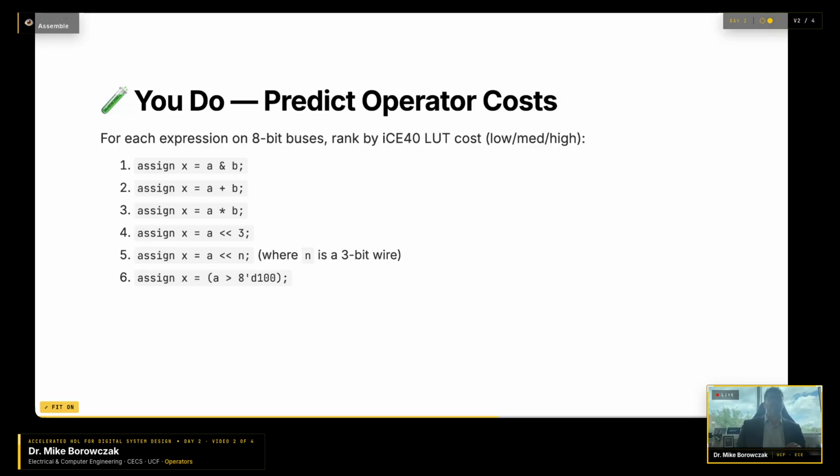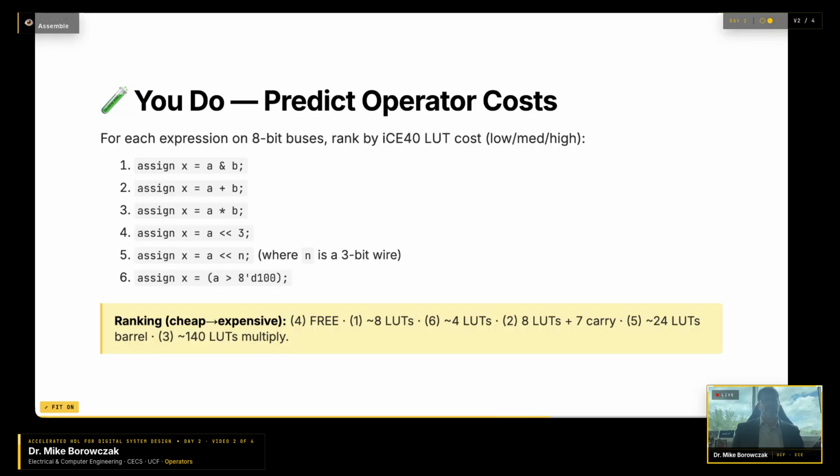Okay, welcome back. Here's what I would predict. Number 4 should be free. We mentioned that anything that is a fixed shift is nothing more than rewiring and doesn't cost us any hardware. Number 1, the AND, is roughly 8 LUTs.